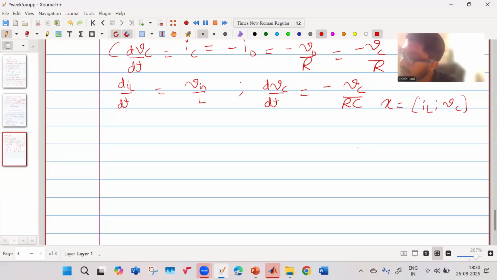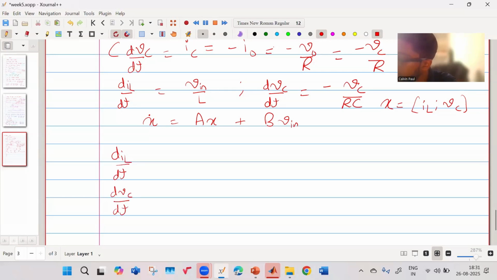Okay. So now I want to write it in the form x dot is equal to Ax plus B into Vin. Okay. So what is my x dot? It is dIL by dt and dVc by dt.